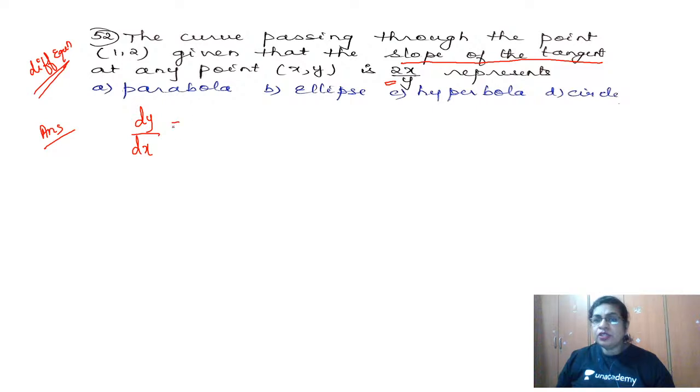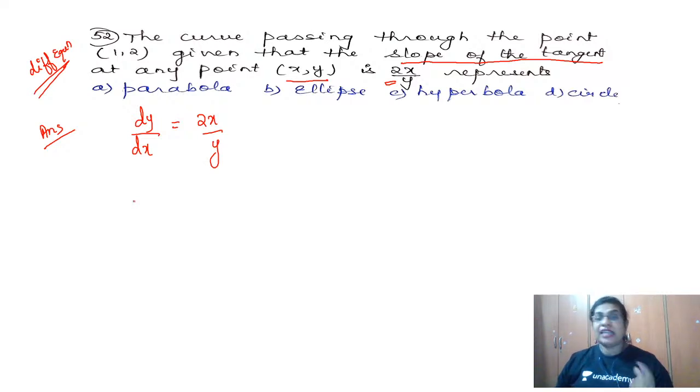And what is given to us? 2x by y. Remember, they have given the point (x, y). Suppose they had given us the point (1, 2) or (2, 3), then in this dy by dx, I would need to substitute, and that will give me the slope. So now here I have slope equal to 2x by y. Now I want to find which figure this is.